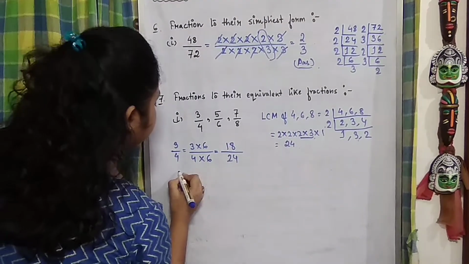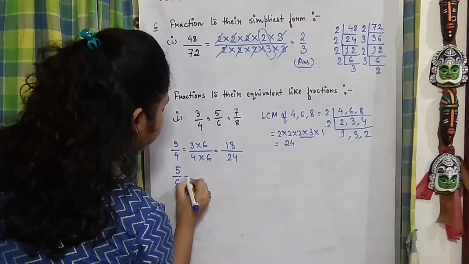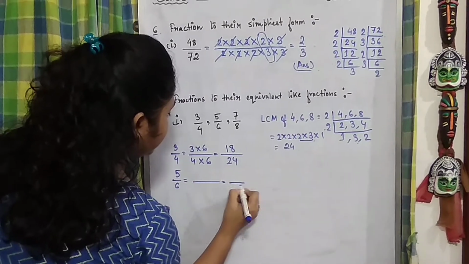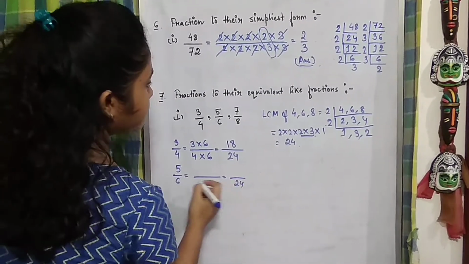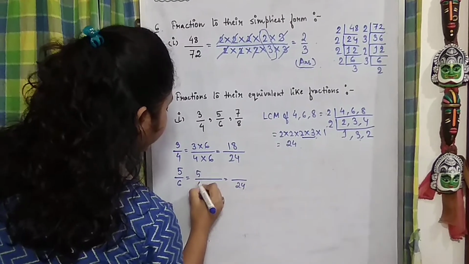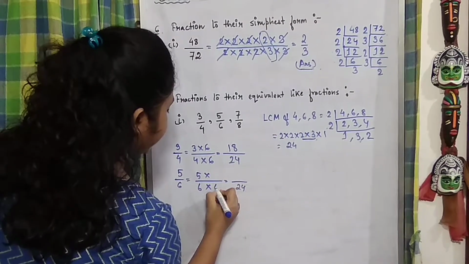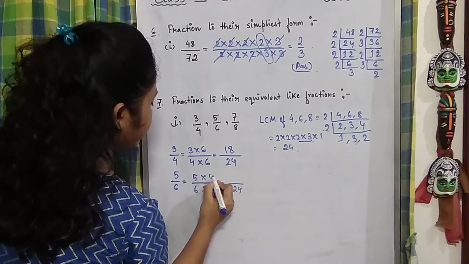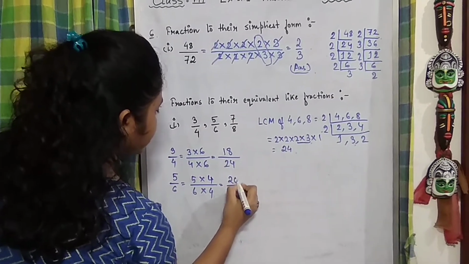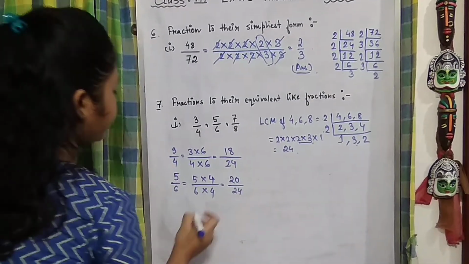Then again we'll follow the similar method: 5 by 6 will be multiplied by 4 in the numerator and denominator, so it will be 20 by 24.